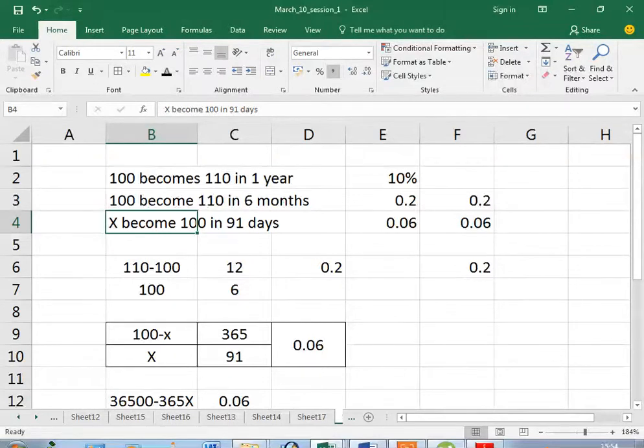Can you tell me a similar statement like this for question 2? What became what in how many days and what is the return? A similar statement like this.